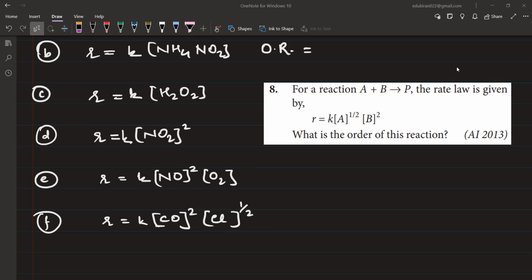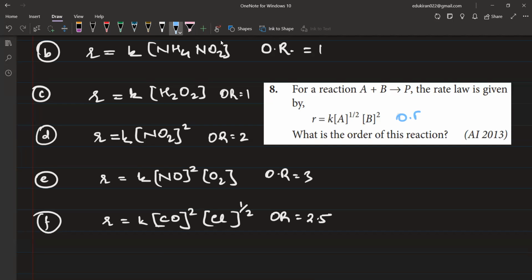For B it is how much? 1. For C, order of reaction is 1. Here 2, here 3, and here 2.5. Okay, check.